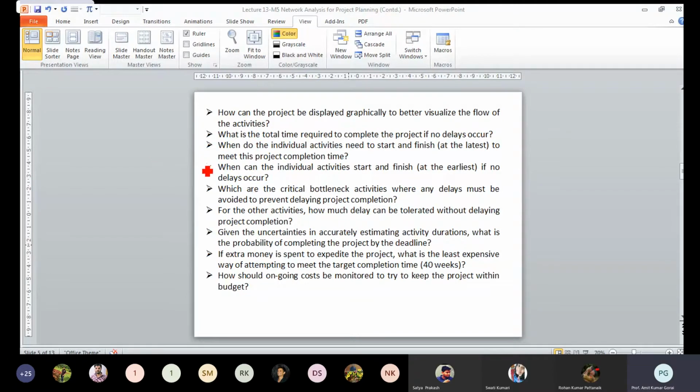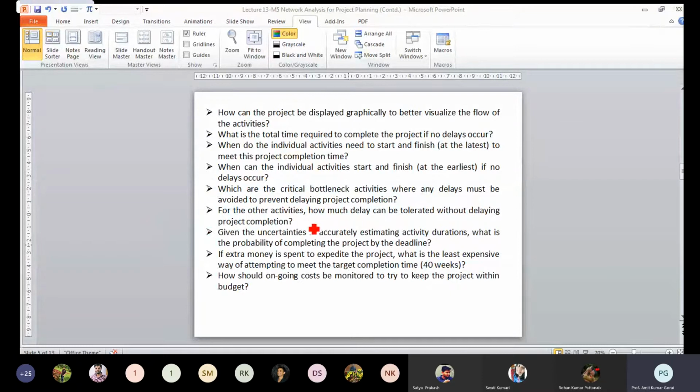Fifth, which are the critical bottleneck activities where any delays must be avoided to prevent delaying the project completion. Next, for the other activities, how much delay can be tolerated without delaying the project completion. Other activities here indicates non-critical activities.